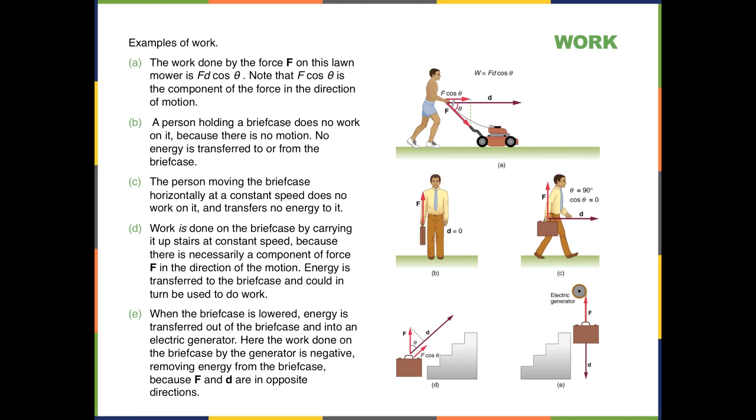So it's actually removing energy from the briefcase and transferring it to the generator, because they're in opposite directions. When it goes down, we'll talk in the future about gravitational potential energy. The energy that it's removing is the gravitational potential energy.